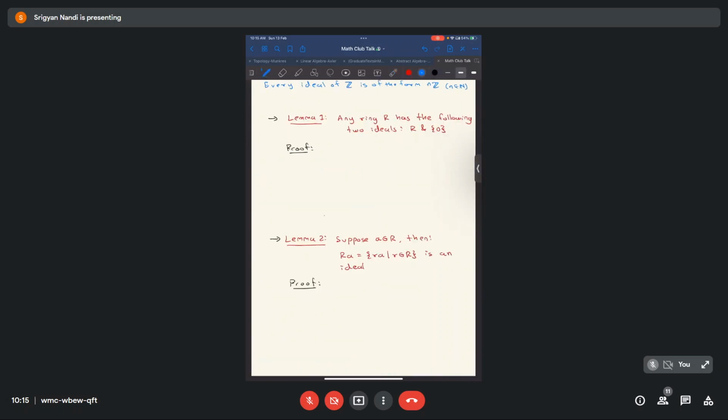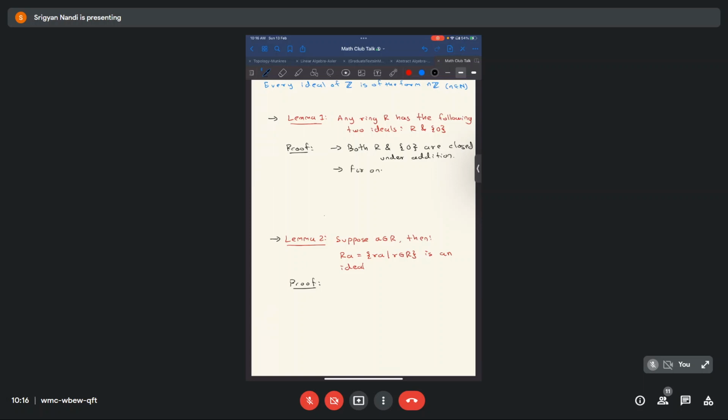Now we can prove our first few trivial lemmas about ideals. The first one is that in any ring R, we have the two trivial ideals, which are the ring R itself, as described previously, and the zero ideal. This is very simple to prove. Both R and 0 are closed under addition, which satisfies the first requirement for being an ideal. The second we prove in two steps.